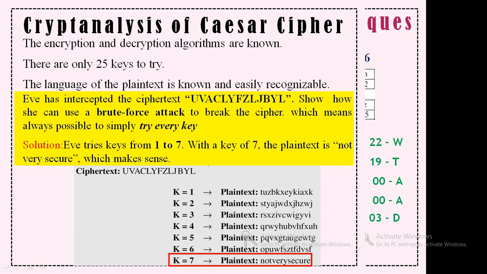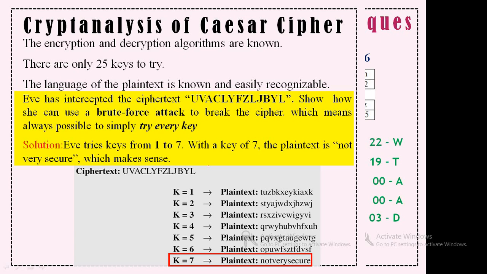That is what we call a brute force attack, in which one person can go on trying the different keys one after the other and find out which one gives a fruitful result. If you observe the diagram itself, you have an encrypted message which is UB, A, CL, Y, whatever it is, and it is going on using the key starting from 1.